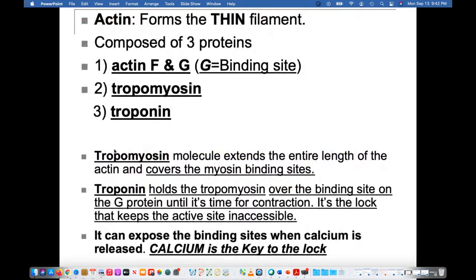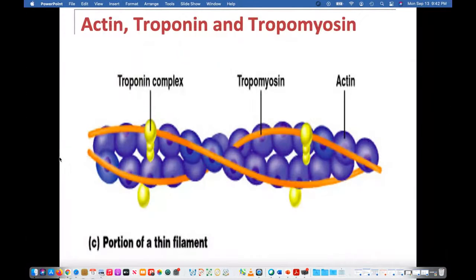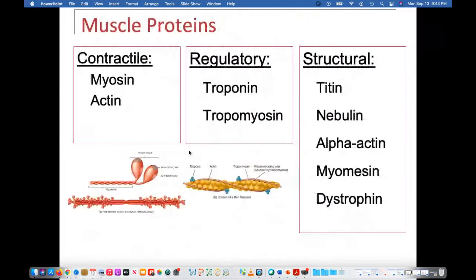Okay, so now we have tropomyosin and troponin. Troponin is that yellow protein that holds the tropomyosin over the binding site. Tropomyosin covers the myosin binding site, so they work together. Okay, again, each of these purples is the G molecule. The dark purple is the binding site. The binding site for what?